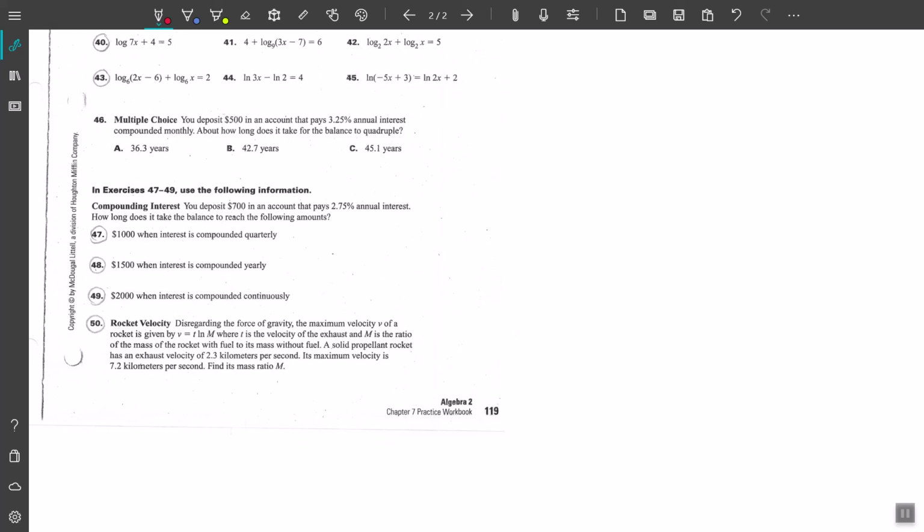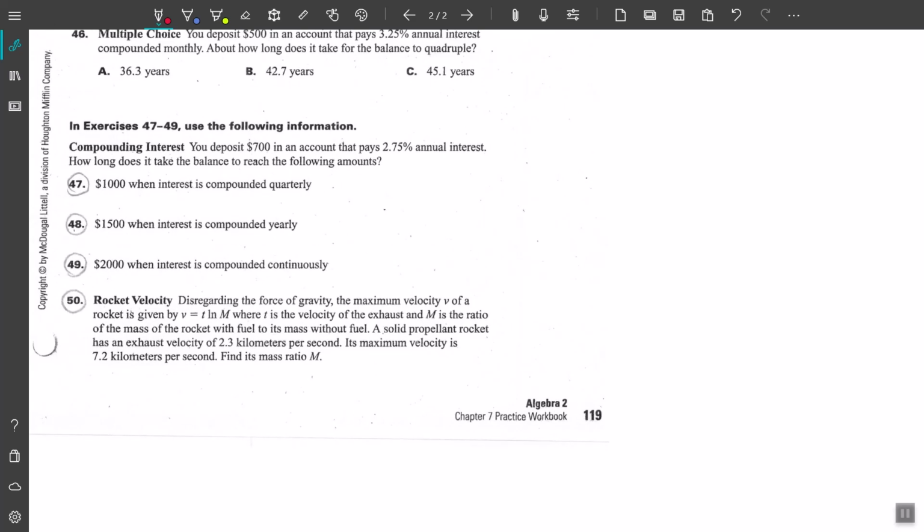This is another problem where they've given you a physics equation to use, and it's relating here the velocity, the maximum velocity of a rocket, where they're allowing t to equal the velocity of the exhaust coming out of the rocket.